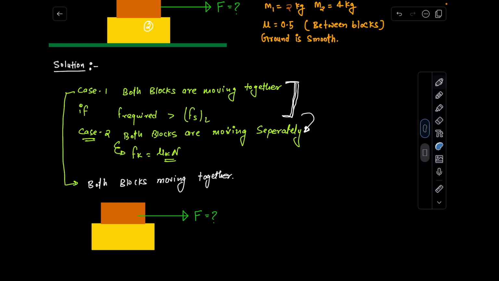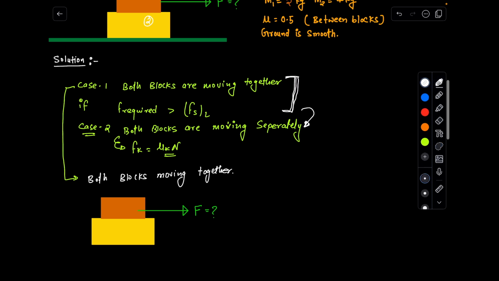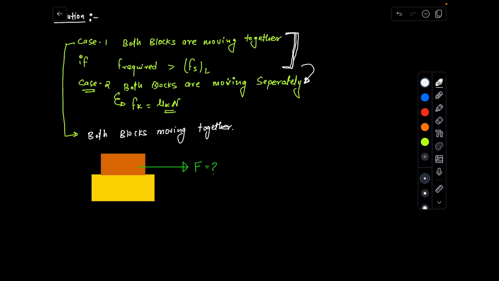Let's first draw the FBD. On this system, these external forces are acting. First of all, there is the gravity on the system, that is (MA plus MB) multiplied by G, acting toward the earth's surface. That becomes (4 plus 2) = 6 multiplied by G. Let's take G as 10 meter per second square, so this becomes 60 Newtons.